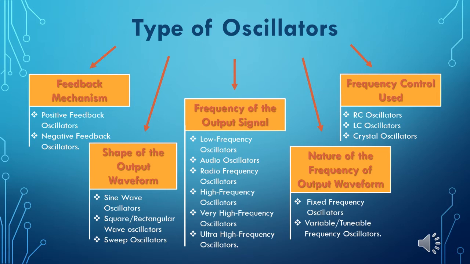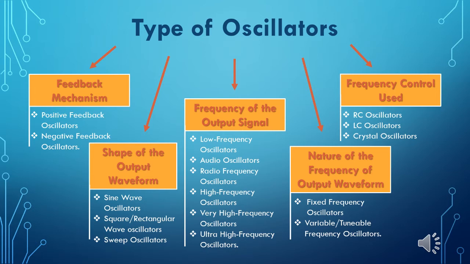Then classification based on the frequency of the output signal, for example, low frequency oscillators, audio oscillators, radio frequency oscillators, high frequency oscillators, very high frequency oscillators, and ultra high frequency oscillators.